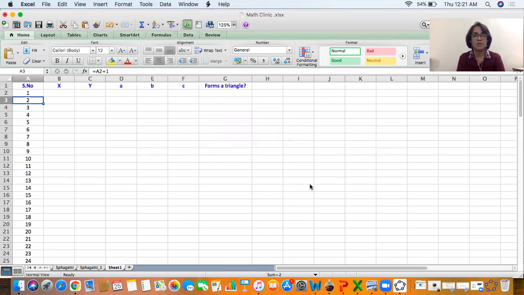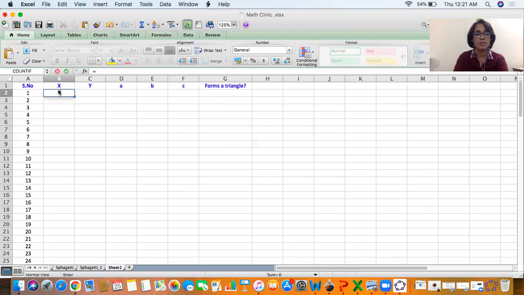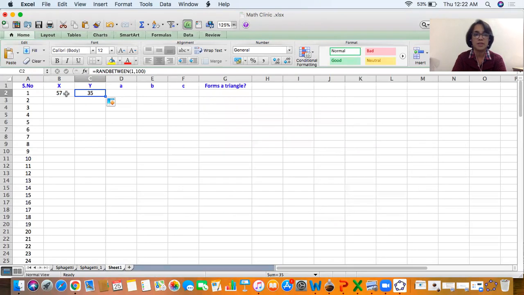Now to simulate the first breaking point, I will use the RANDBETWEEN command with 1 and 100, and I can drag the same thing to Y. So note that X has value 57 and Y has value 35. These are the randomly generated breaking points of the spaghetti stick.